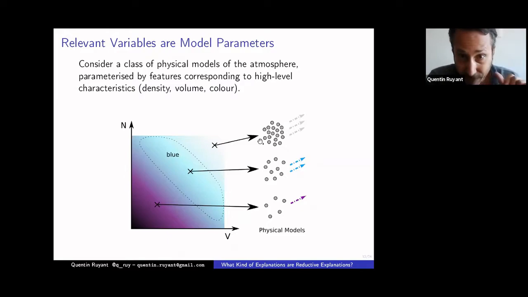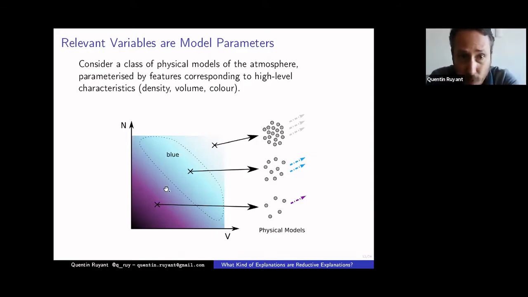And so we can see that each physical model taken alone is not relevant for the explanation. What seems to be relevant is the class of models and the high-level characteristics that are model parameters that specify which kind of model we should construct.